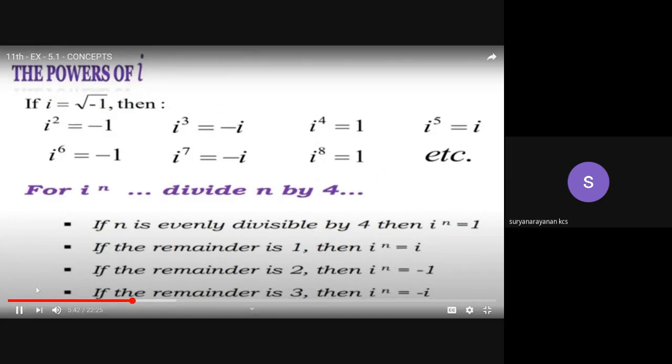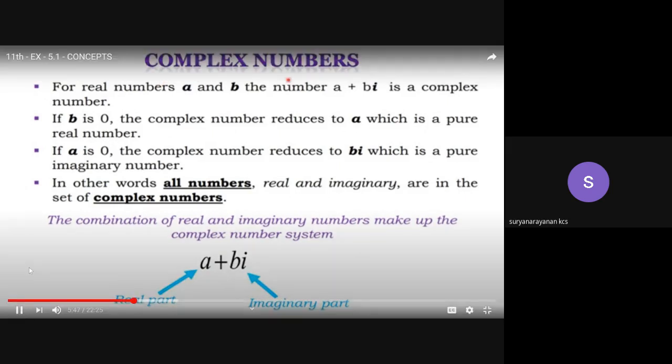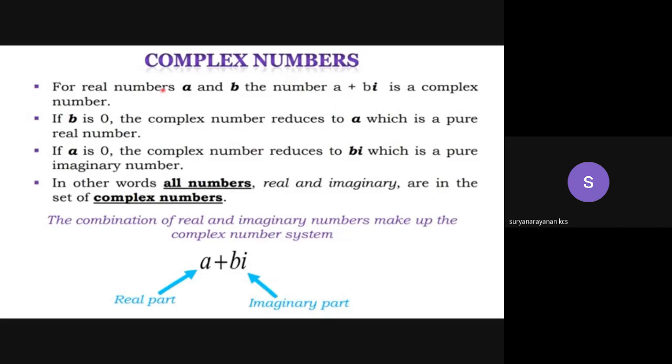Right. Now come to the representation of complex numbers. How do you represent a complex number? Okay, my children. For real numbers a and b, here a and b are two real numbers, the number a plus bi is called a complex number.